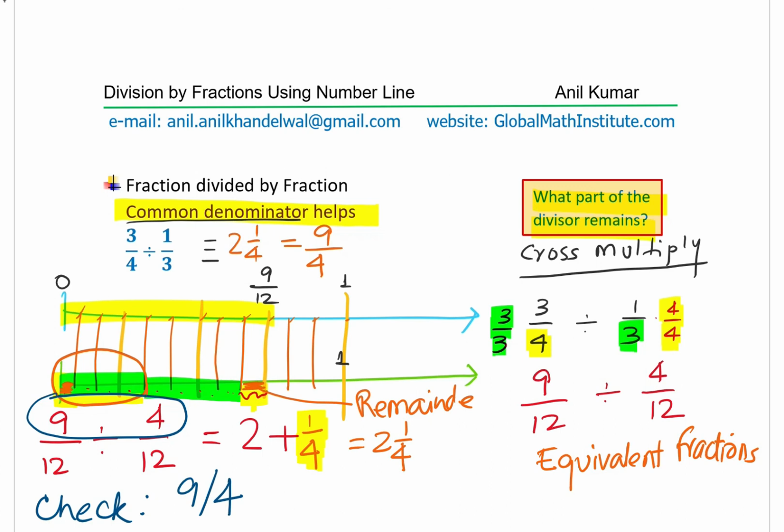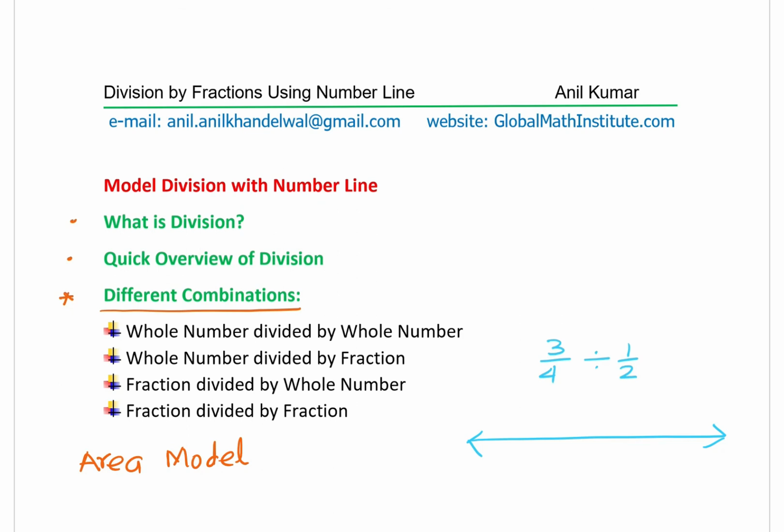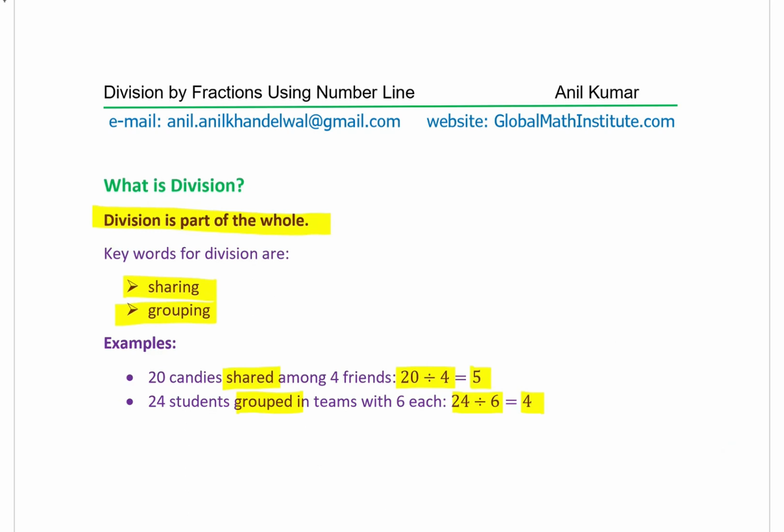Perfect. So I hope that really helps. That is how we could use the model of a number line to divide. So we began with the concepts of division. I hope that is clear. Division is all about sharing and grouping.